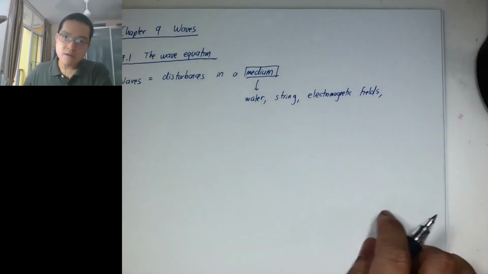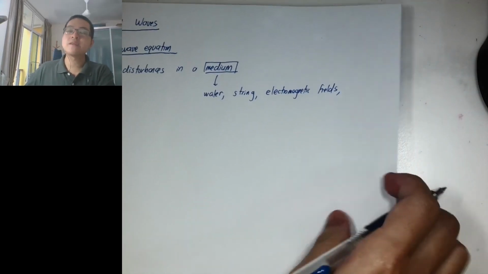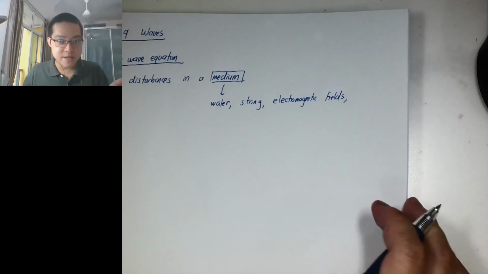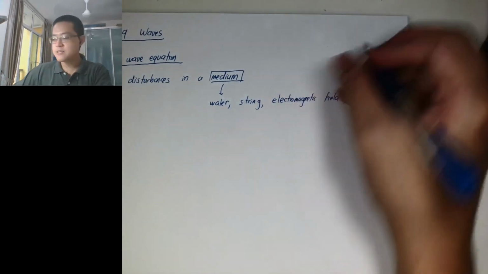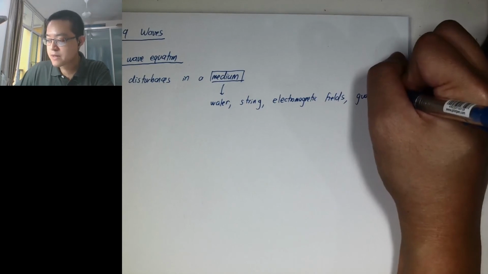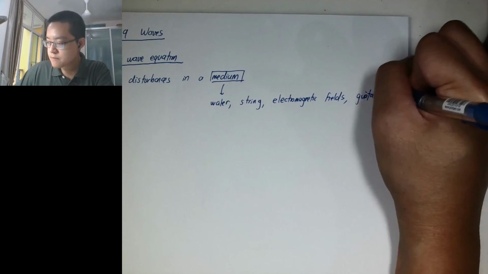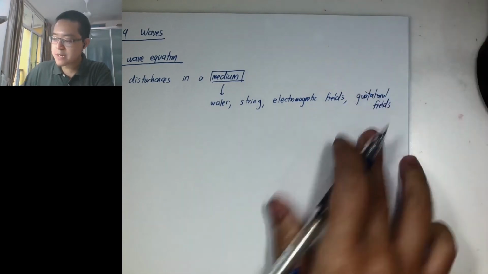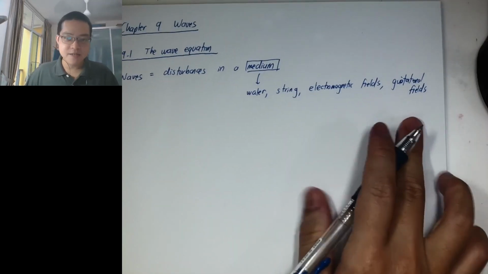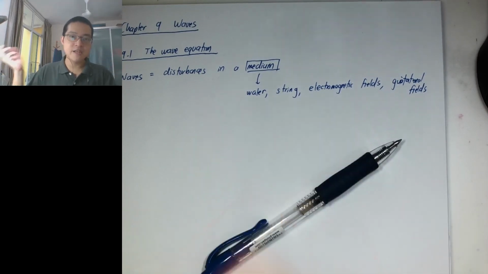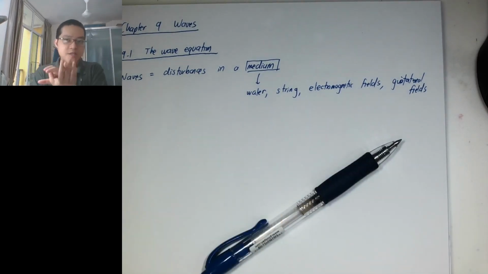And if you remember the news, in 2015 we detected gravitational waves, so the gravitational field can also have waves. Gravitational waves are generated when two black holes collapse into each other. This phenomenon is very extreme and violent, so it causes a gravitational vibration that spreads throughout the universe.